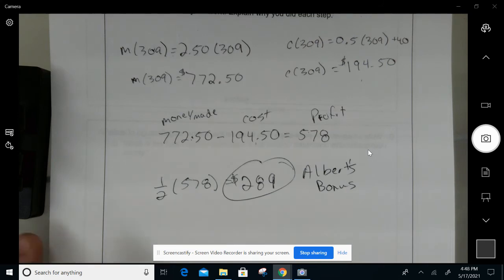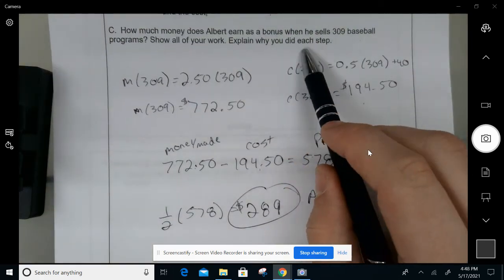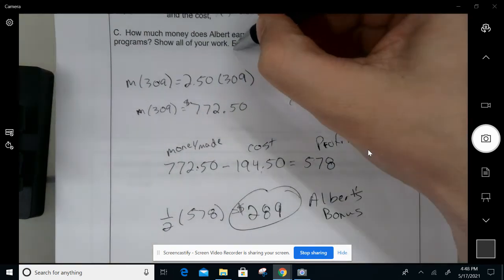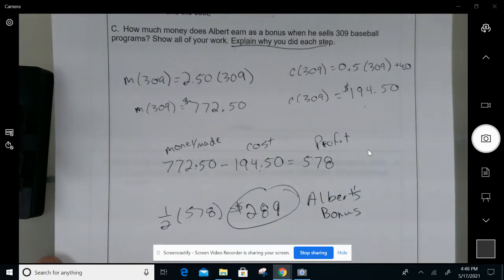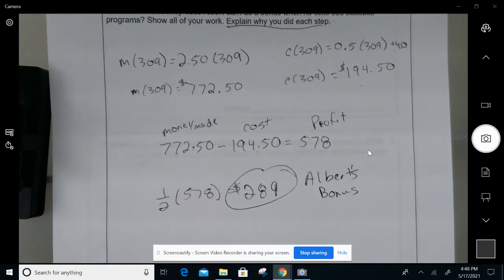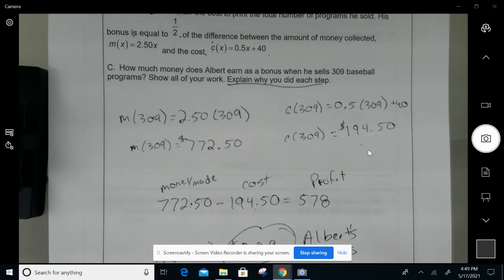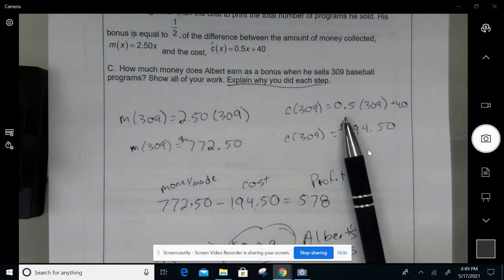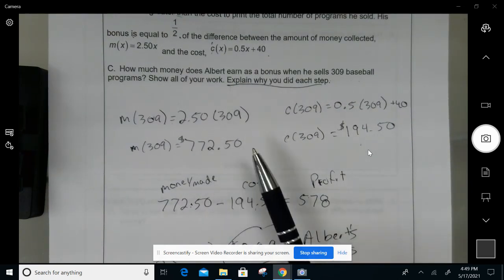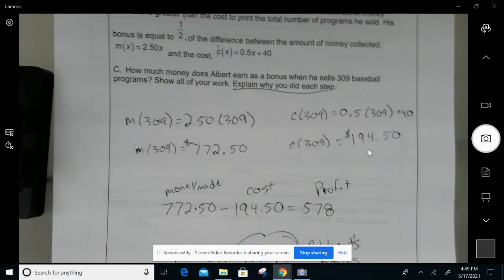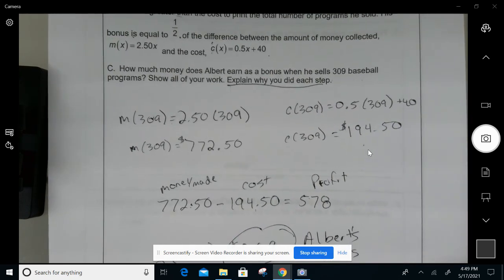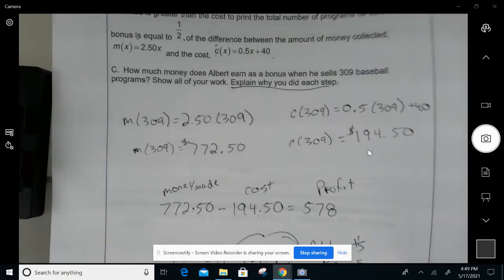All right. Now, one other thing I wanted to mention here is explain why you did each step. If it says this, you're going to have to use some words. Basically, just say, the question asked for us to find how much it costs and how much money they made on 309 baseball programs. So my first step was to find that.